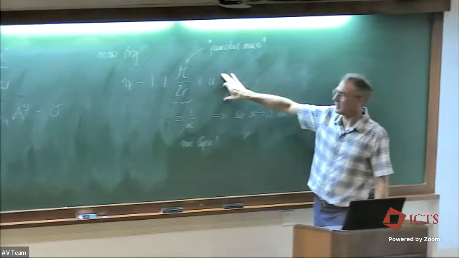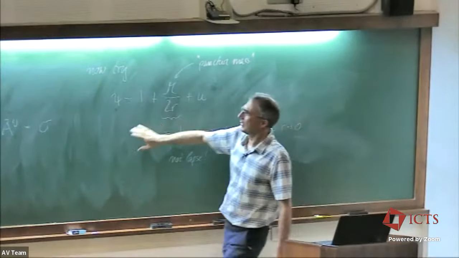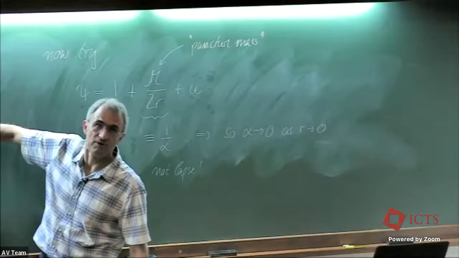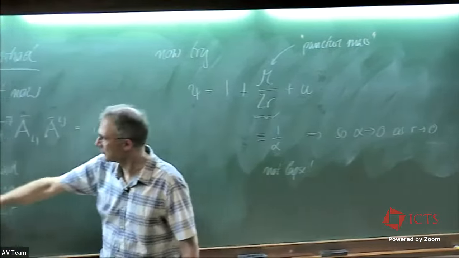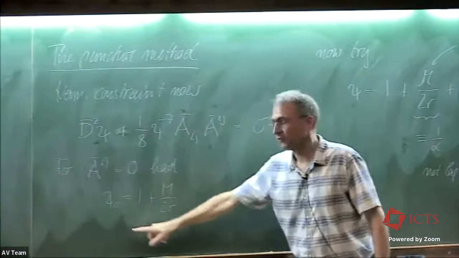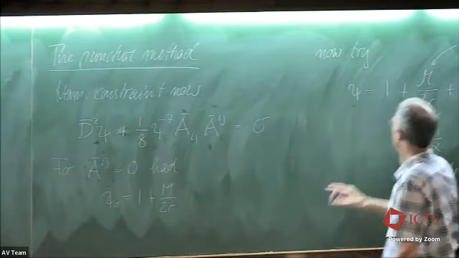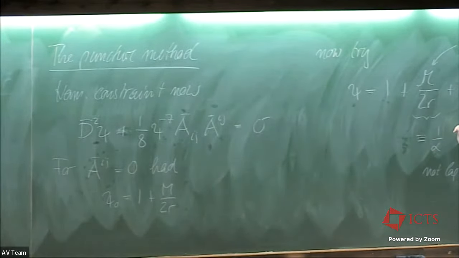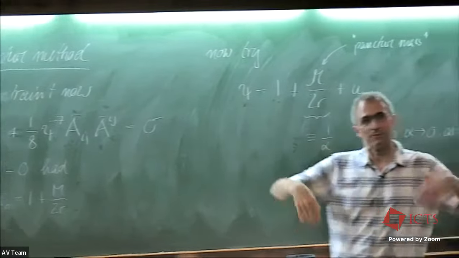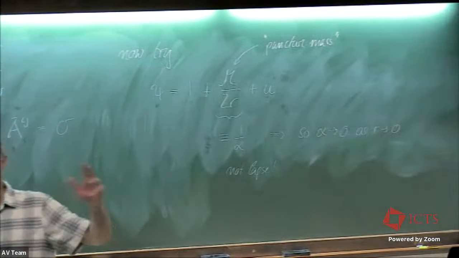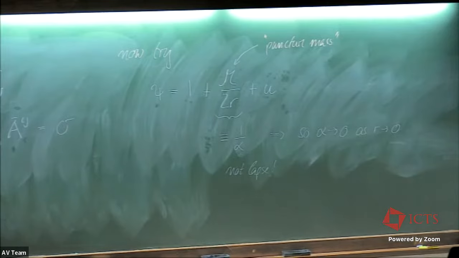This trial function came from knowing that if I have black holes with zero momentum, the solution is given by this. So we're using this part in setting up our trial function. But now that we have our trial function, we're saying A_ij is non-zero. So in that sense, you're right. Now we're ignoring the trivial solution, but we've used that information already in setting up our trial function. Did that answer your question? Yes. Okay, great, good.